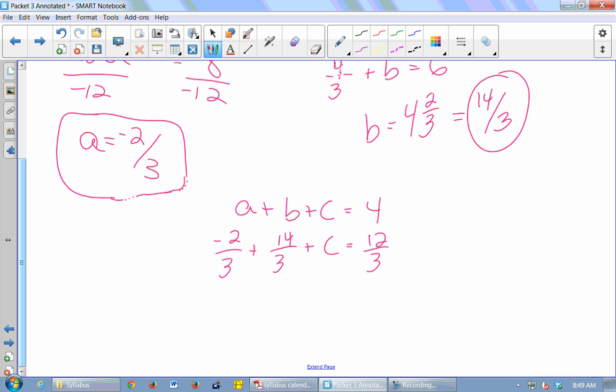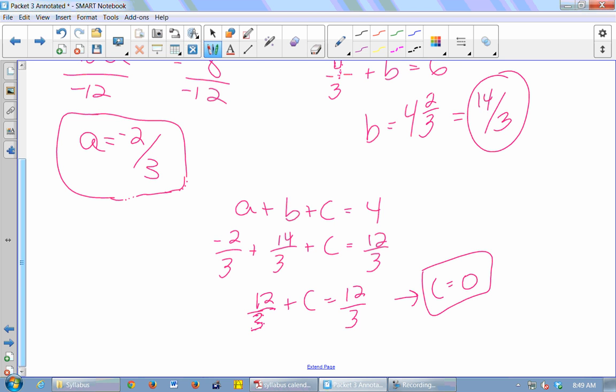It makes this easier if I do everything in thirds. So negative 2/3 plus 14/3 is 12/3 plus c equals 12/3. So c has to be 0.